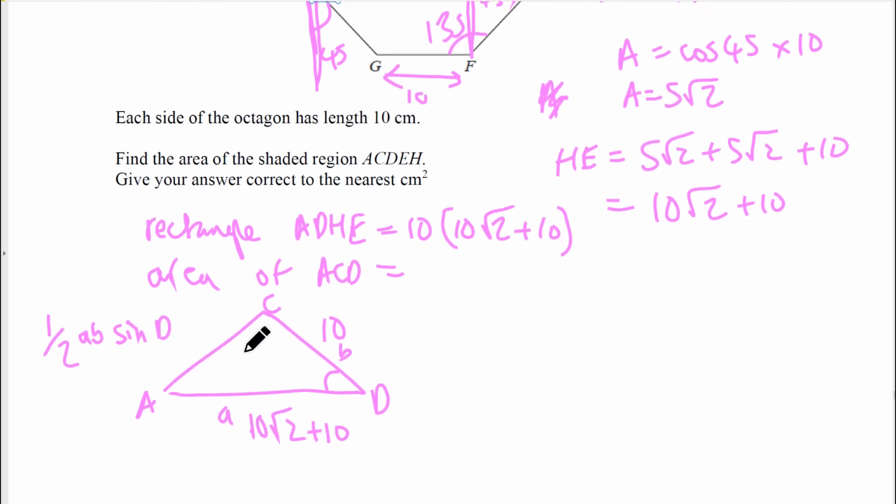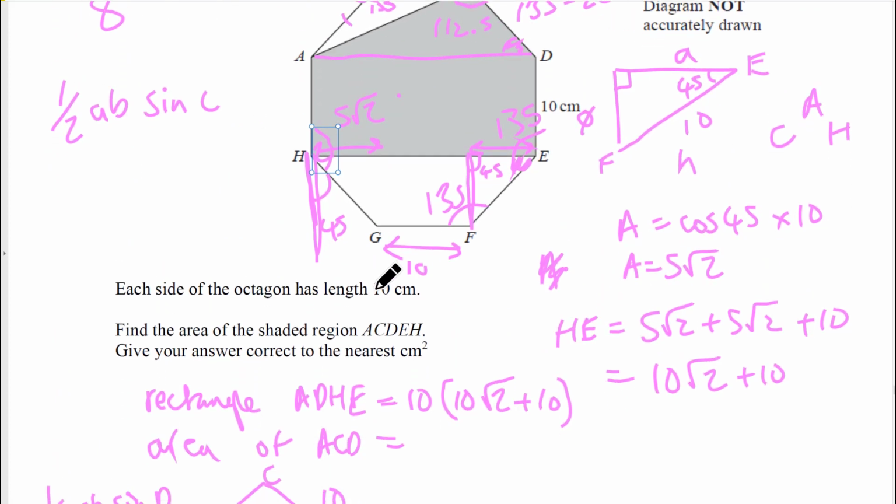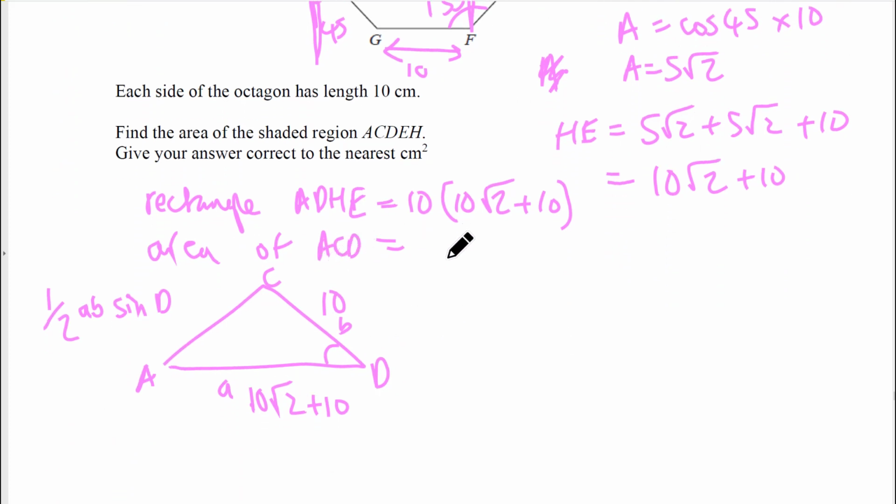So that will be easier, because otherwise we'd have to find this length, which is just more working out, which we don't need to do. So we're going to get 0.5 times 10 times 10 root 2 plus 10 times sine 45. I hope this bit makes sense.